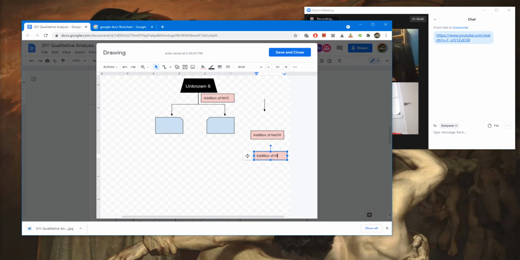Precipitate did not dissolve. So remain the precipitate. Okay. Cloudy. Precipitate turn.